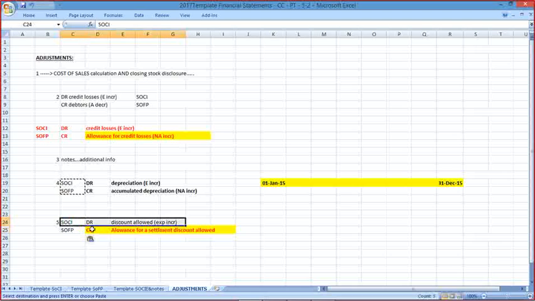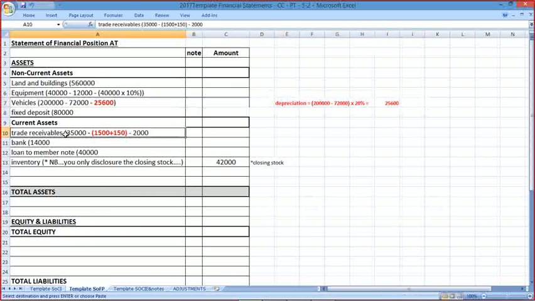So comprehensive income for that, financial position for that. Okay, how much was the discount? 10%. 10% of 1,500. 1,600. Okay, so let's put that in to our disclosure. So minus 1,600 times 10% is 160, right? Yep.